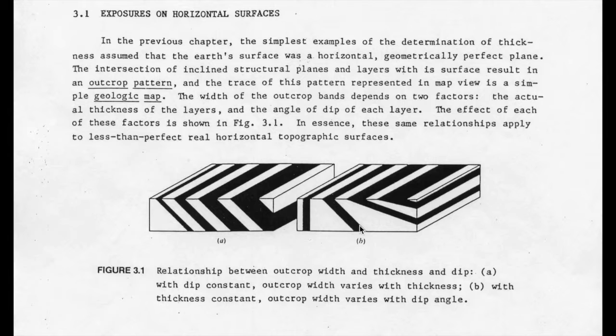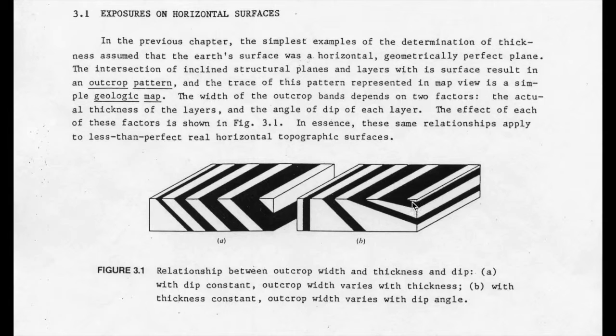What's a little less intuitive is we can generate the exact same pattern by taking a bed of the same exact thickness and just having it dip at different amounts. So if it's vertical, we see the true thickness on the map.